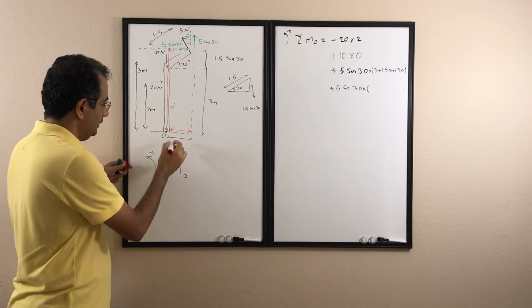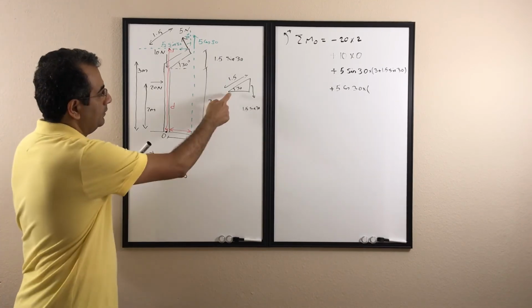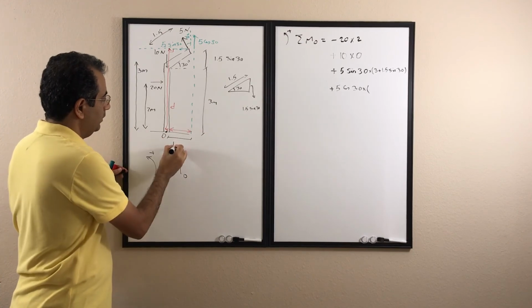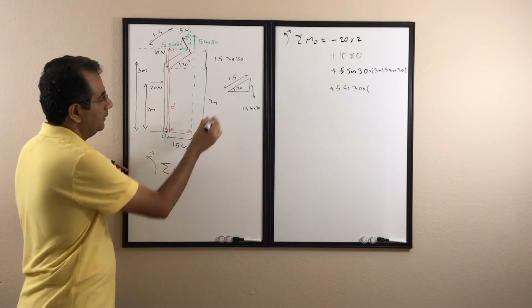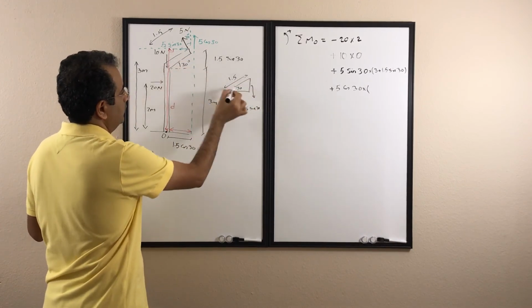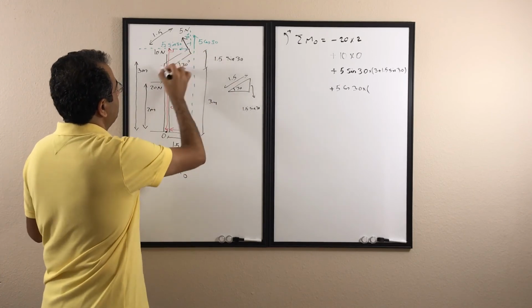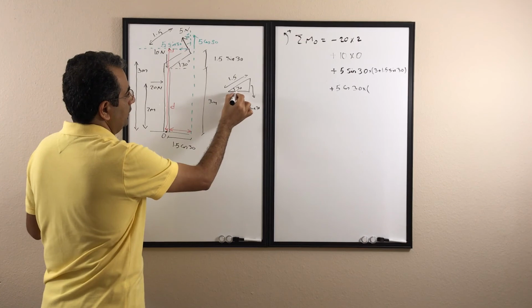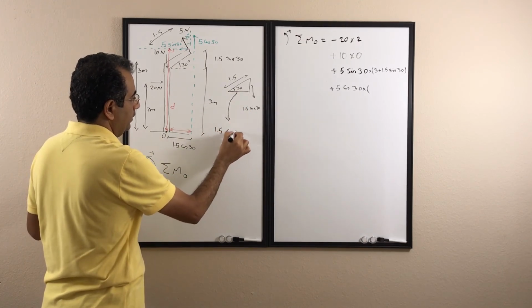And this distance here, look at that, it's going to be 1.5 cosine 30. Again, if you look at this triangle, I just draw it here, 30, and this length is 1.5. So this length is going to be 1.5 cosine 30.